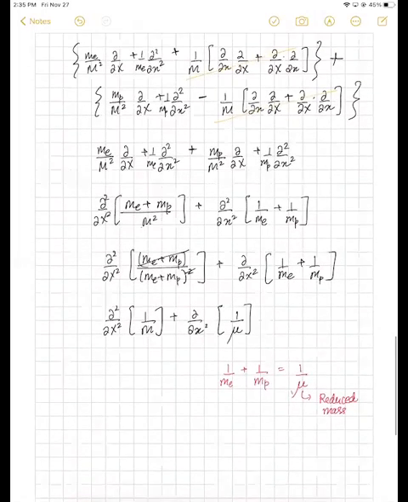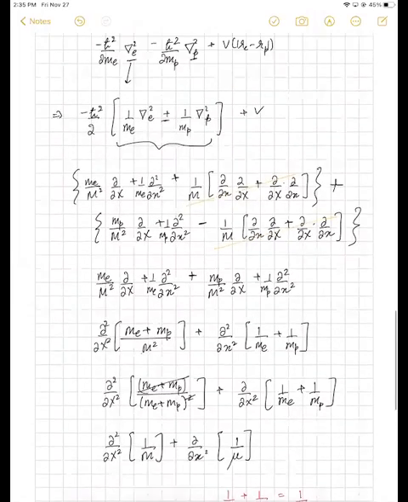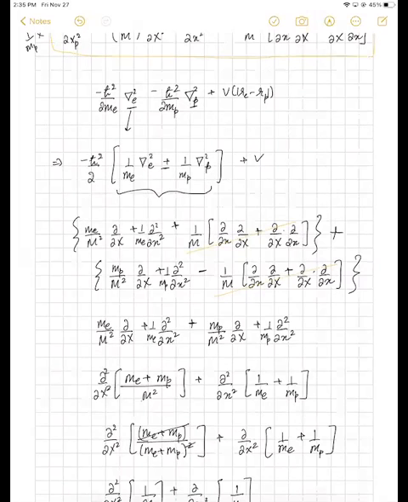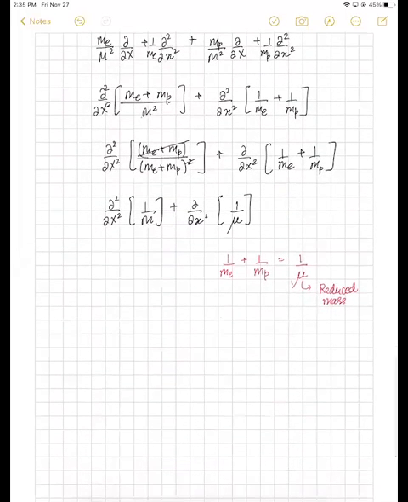So what happens to our Schrodinger equation now? Let's go back here to divide it, multiply it with minus h bar squared by 2. So our Hamiltonian finally is minus h bar squared by 2M del 2 by del X2.